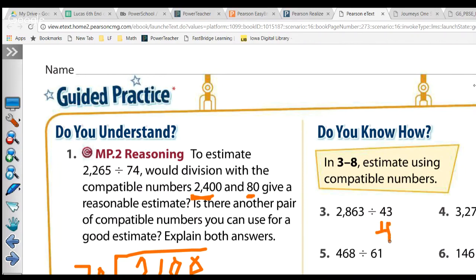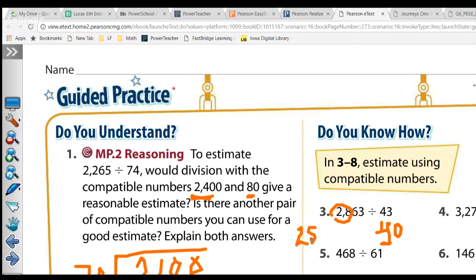I'm going to round that down because it's closer to 40 than it is to 50. Once I do that, I'm going to look at my 2,863, and I'm going to say, what number would be a multiple of 4 that would give me something close to 28? And I can see that, in fact, 28 is going to be my answer.